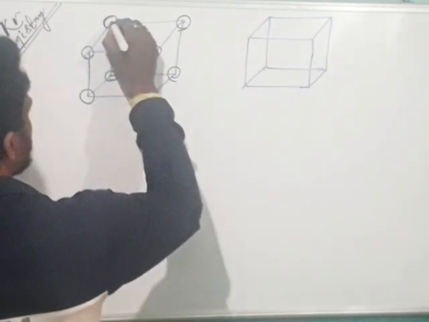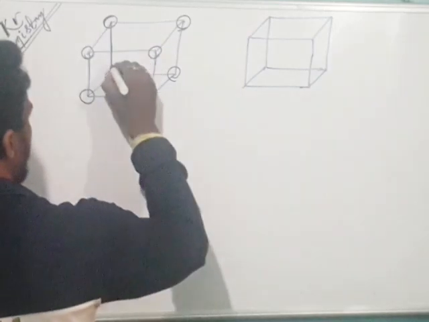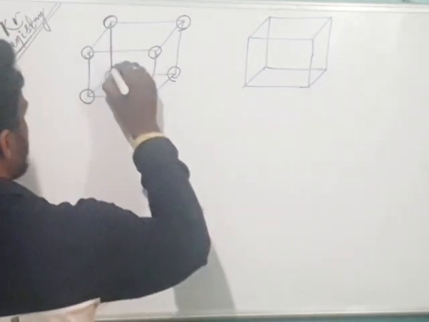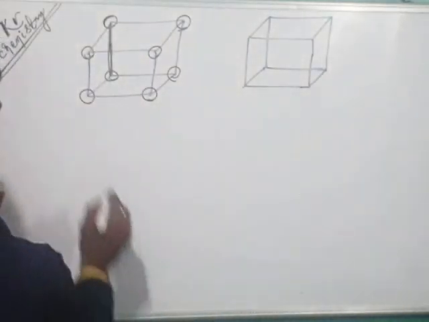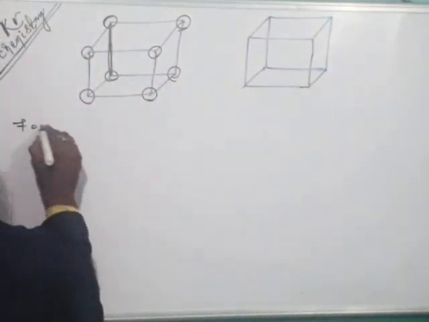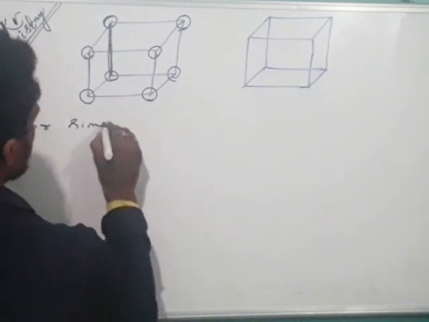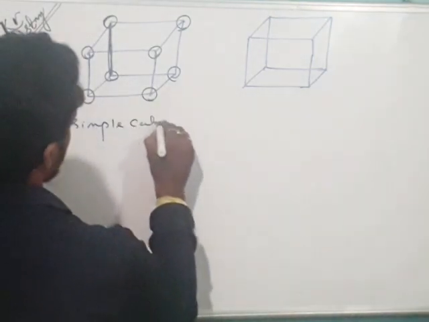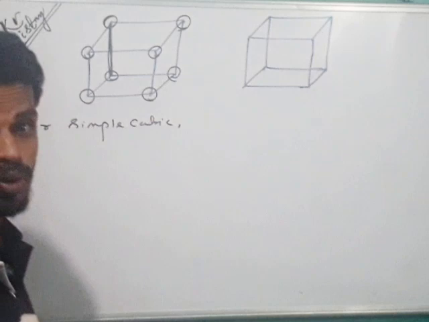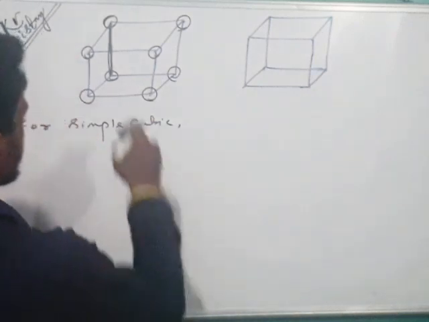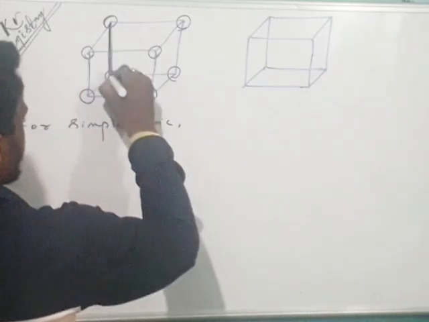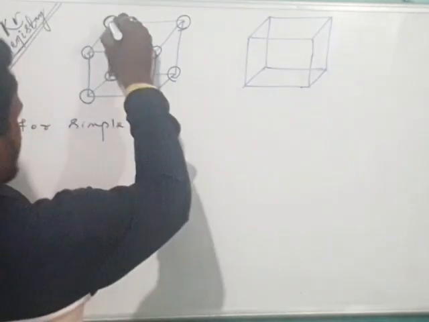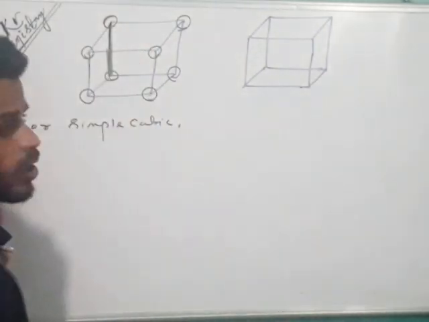So the distance between the two nearest neighbor atoms is the edge length of the cube.